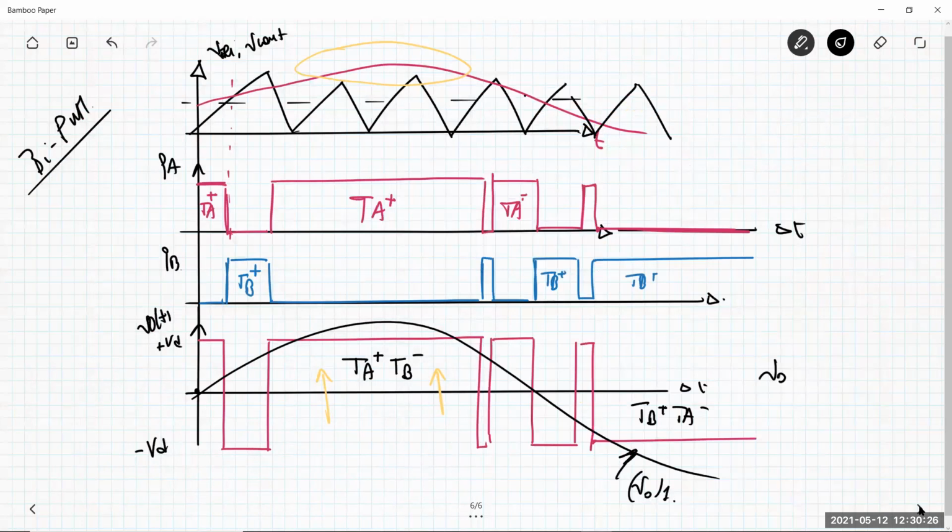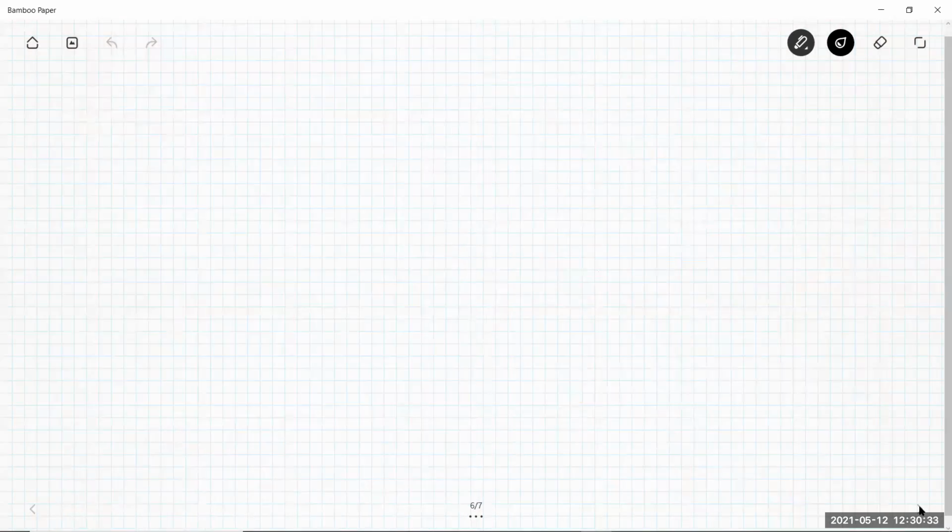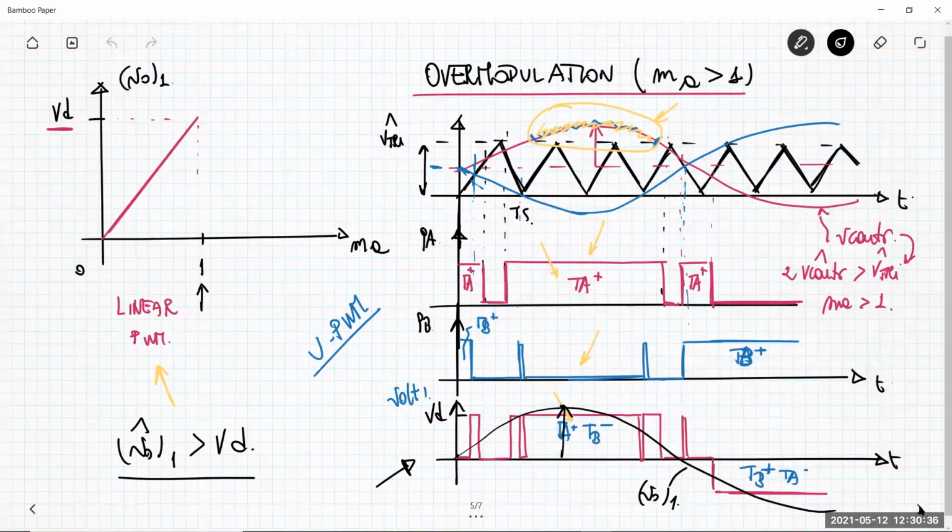Also here, the peak value of the component at frequency F1 is higher than VD. So this means that with the linear pulse width modulator, in which my control voltage varies within the dynamic of the triangular waveform, the maximum amplitude that you can have for my fundamental frequency component of the output is VD. Using an MA which is larger than 1 makes it possible to increase the peak value of the output component.